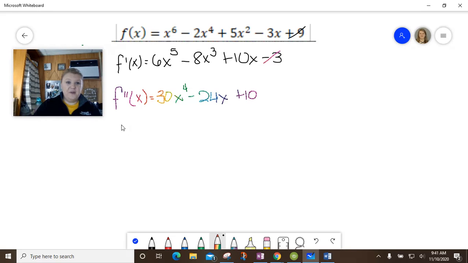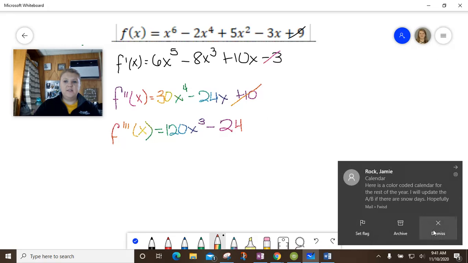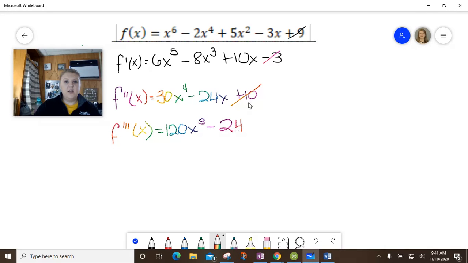Okay, and then again, if I wanted to take the third derivative, I'm just going to keep going with it. So 30 times 4 is 120x to the third minus 24. And then again, the plus 10 drops off because it's a constant.